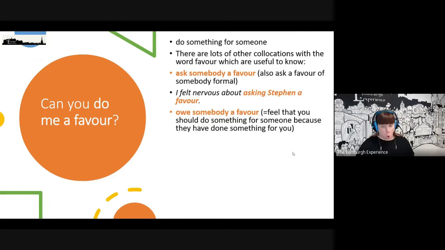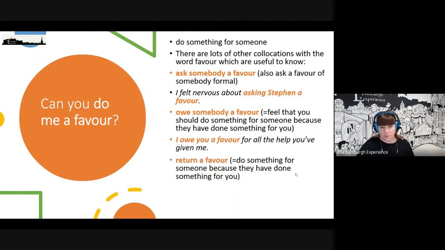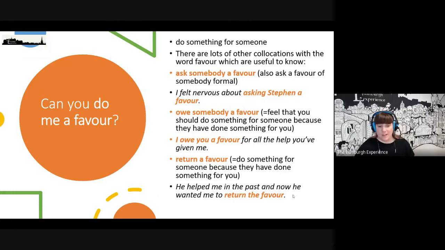You can owe somebody a favor. So that's when you think you have to do something for someone because they did something for you. For example, I owe you a favor for all the help you've given me. You can also return a favor. And this is when you do something for someone because they did something for you. So if I owe you a favor, I will then return the favor. Okay, so he helped me in the past and now he wanted me to return the favor.